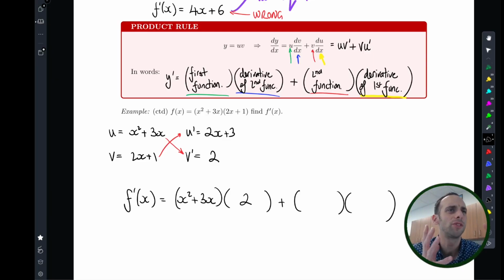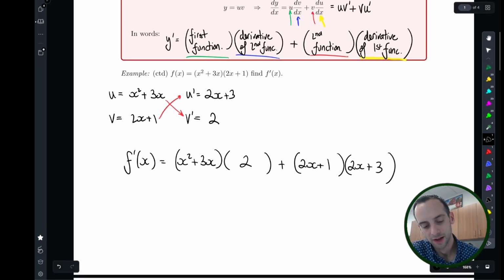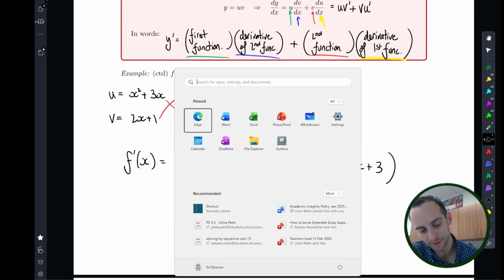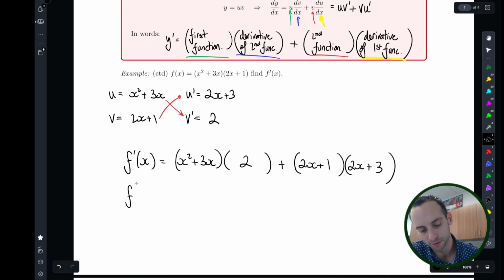And it's okay if these parentheses are kind of oddly sized. We're going to clean all this up in a minute anyway. The third parenthesis will be another function not differentiated. It's the other one. We've already used the x squared plus 3x. Here we're going to use the 2x plus 1 multiplied by the other derivative, and that's the 2x plus 3. So technically this is the derivative of that function. Obviously we want it in a more usable form.